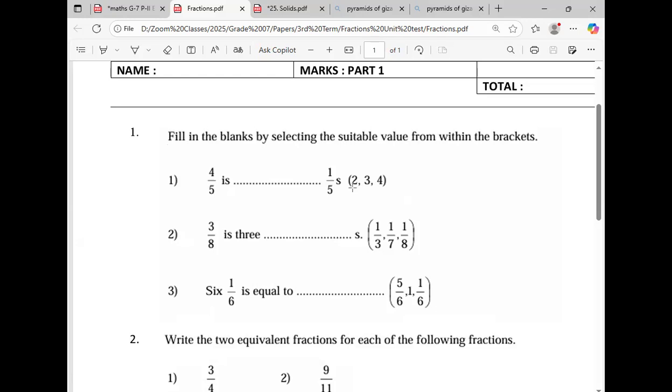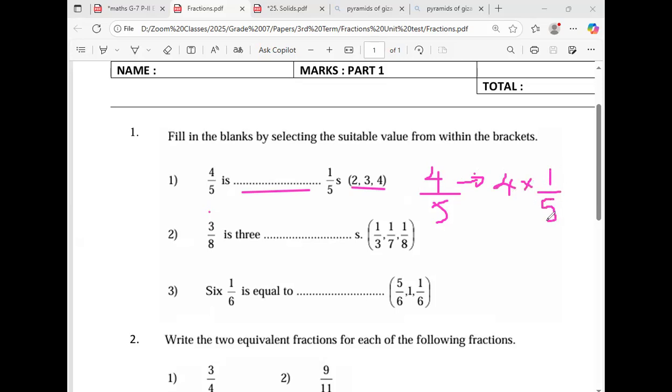One of these should be the answer that is suitable for this blank space. So let's see what it will be. 4 upon 5, okay. This is a fraction, and there is a blank and 1 upon 5s. So this can be written as 4 into 1 upon 5.